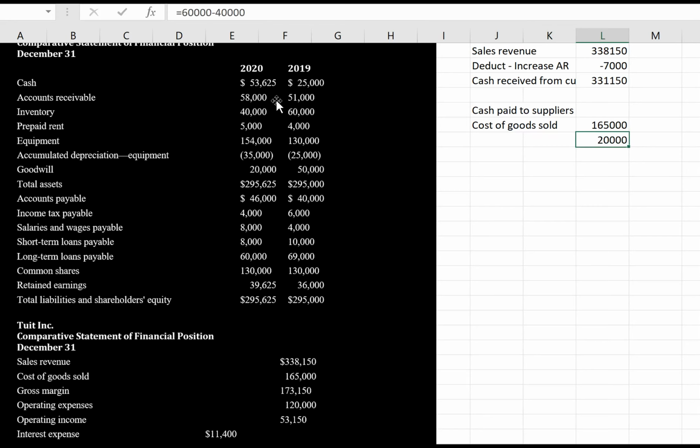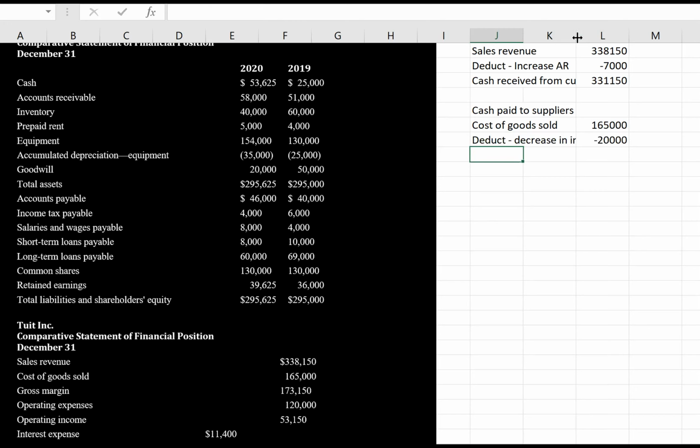So if our inventory decreases, then we are going to deduct it from the cost of goods sold because we've used less cash to buy inventory. So obviously when we buy inventory, we're using cash. So we've bought that much less inventory, so we can deduct it. So we're going to deduct a decrease in inventory.